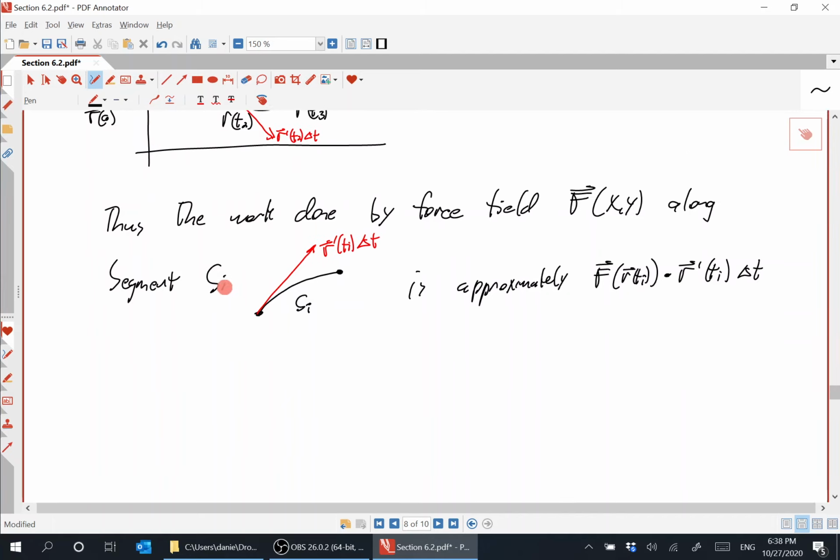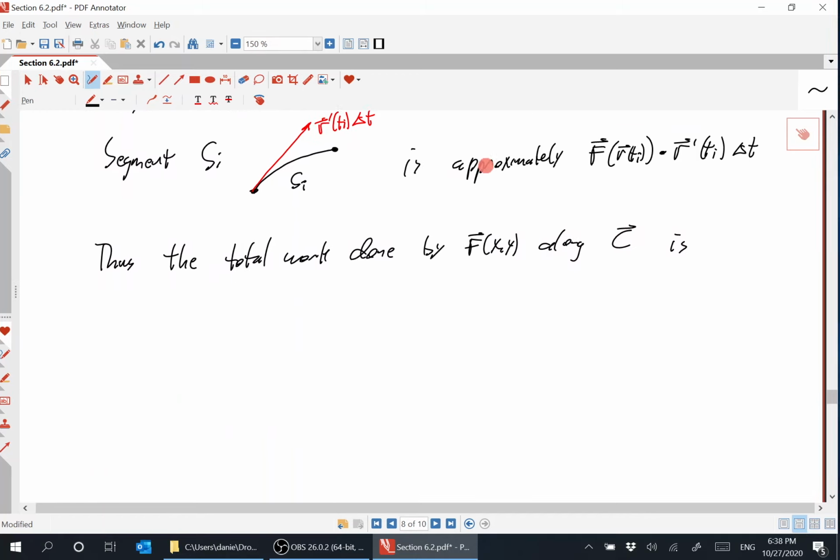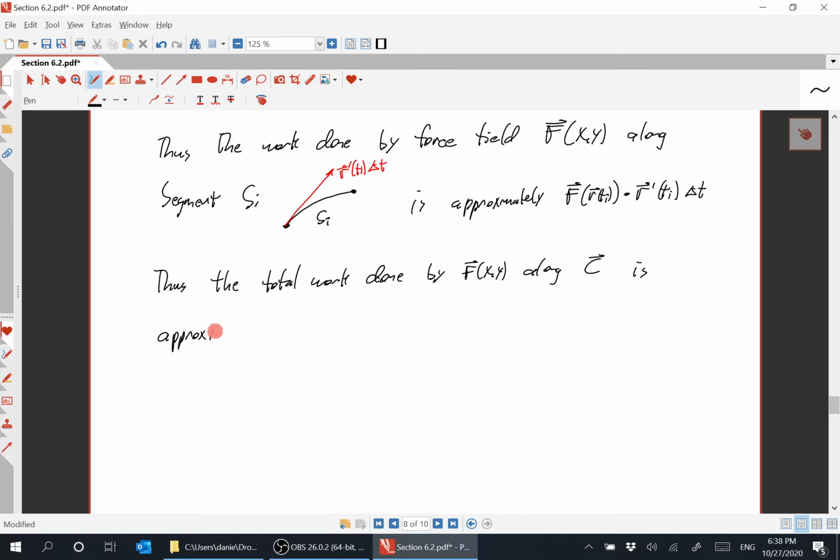So the work done all along C, the total work done by force field F along C in its entirety, is approximately the sum i equals 1 to n of F of r of t_i dot r prime t_i delta t.